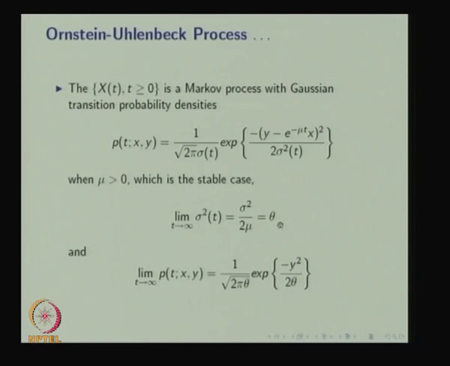Then you can find the limiting distribution of the transition probability density, that is a normal distribution with mean 0 and variance theta. So we can prove xt is a Markov process with the Gaussian transition probability density, as well as, as t tends to infinity, the transition probability. So this is a normally distributed random variable with mean 0 and variance theta.